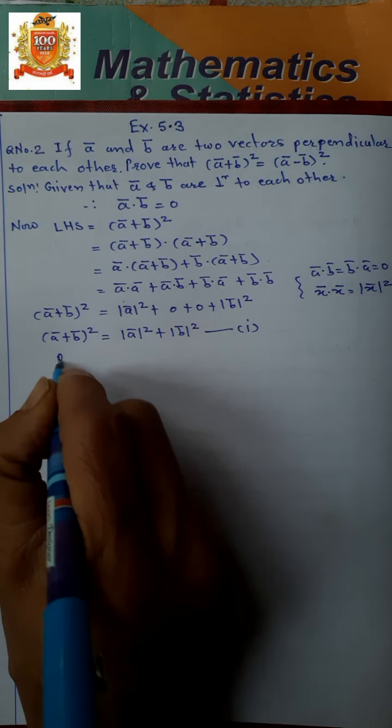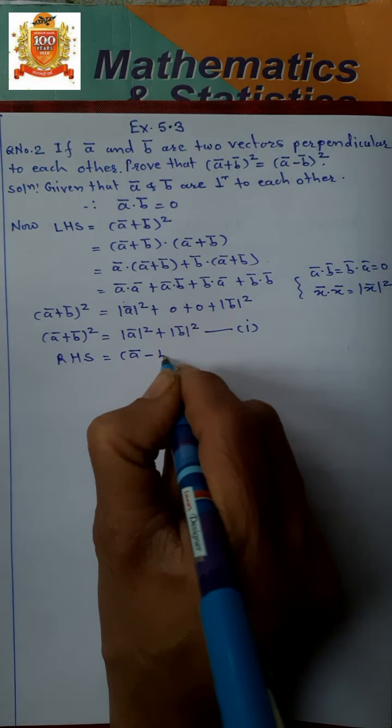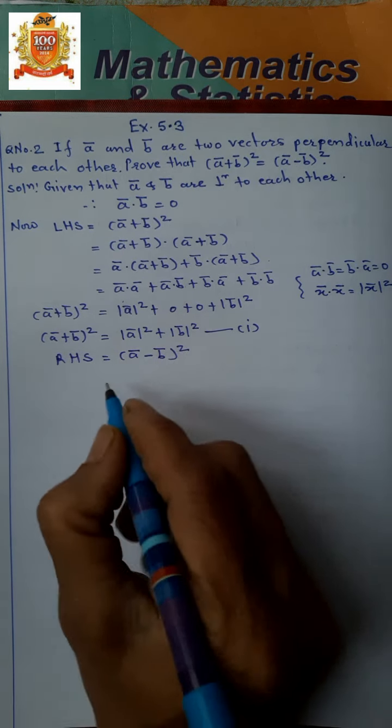Now RHS is equal to (a bar minus b bar) whole square.